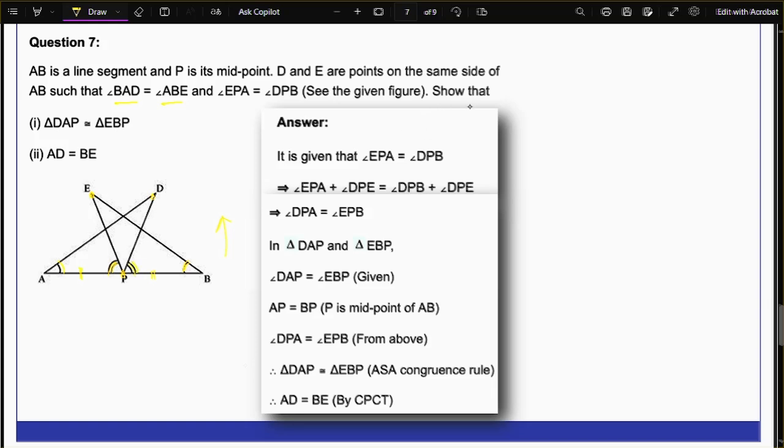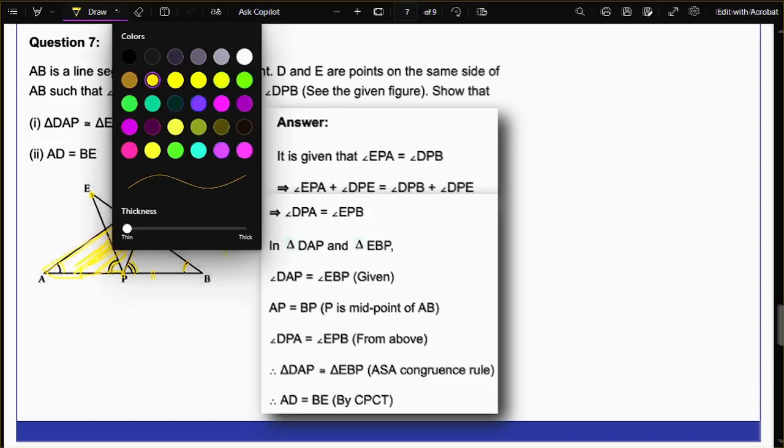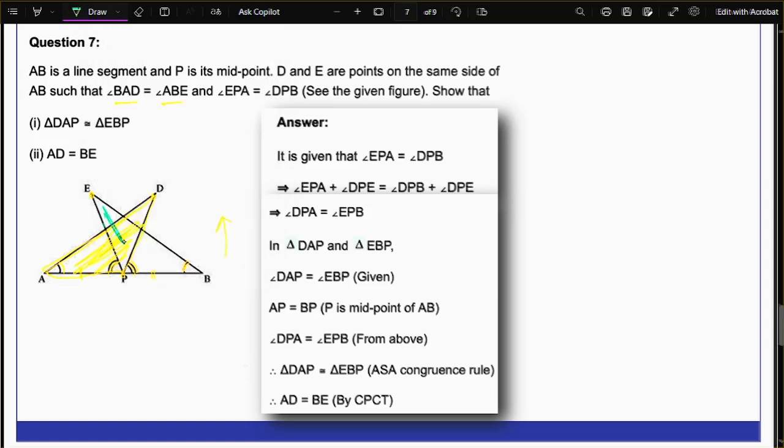Now we have to show that triangle DAP is congruent to triangle EPB. So here also we add this part to these two angles.